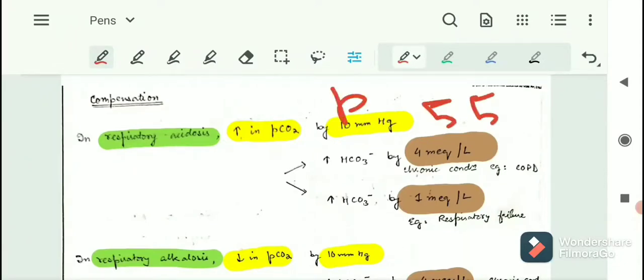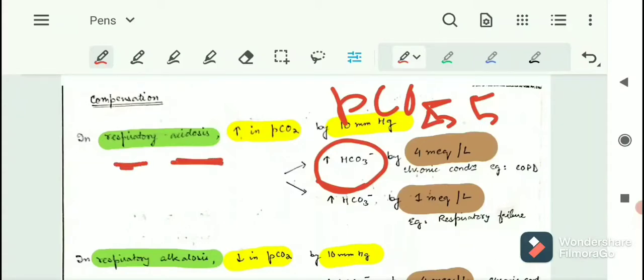If PCO2 becomes 55, then the compensation that will happen is increase in HCO3 level. Increase in HCO3 level means that metabolic alkalosis is happening to compensate this respiratory acidosis.